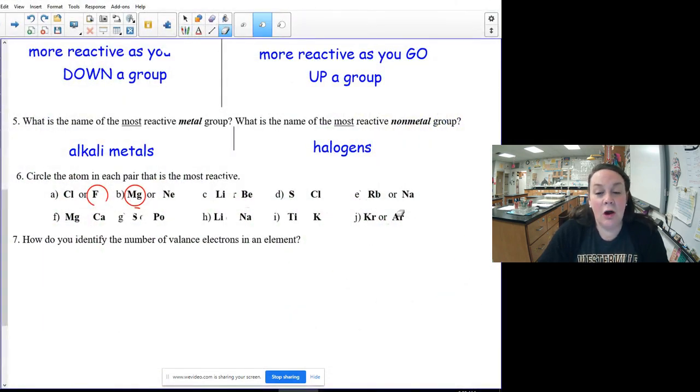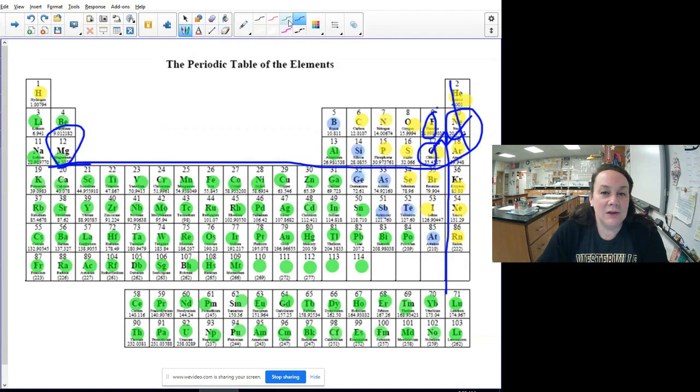Down here, krypton or argon, those are both noble gases. So again, just trying to make sure that you know that the noble gases do not react. So you're just comparing reactivity. And again, more reactive as you go down on the metal side, and alkali win all the time. More reactive as you go up the non-metal side, and the halogens always win on that side.